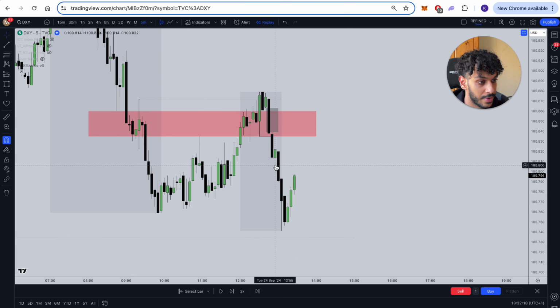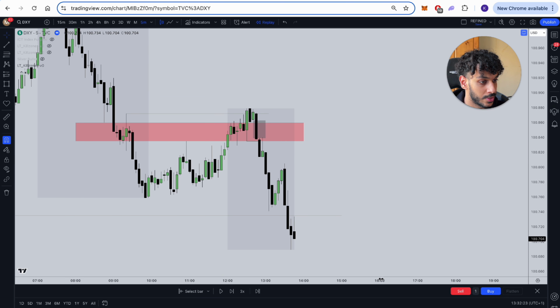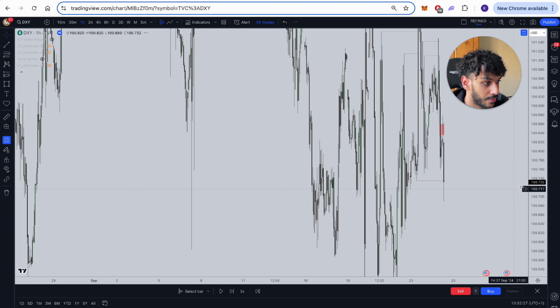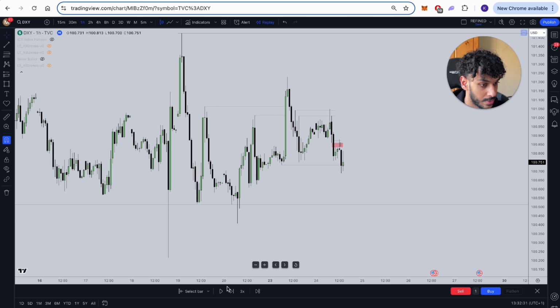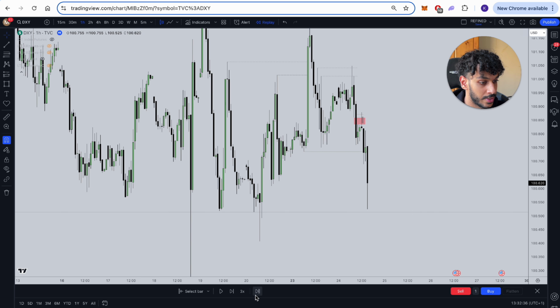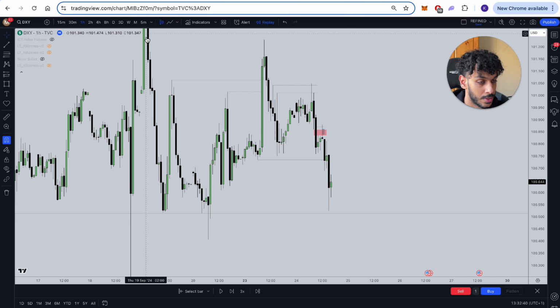We even have a little retracement back into an FEG, and then a really nice expansion to the downside. And that ends up running a lot further as well. If we play another hour, that's the end of the New York kill zone and the start of London close, which runs pretty aggressively to the downside as well.